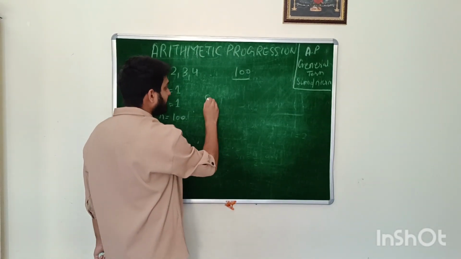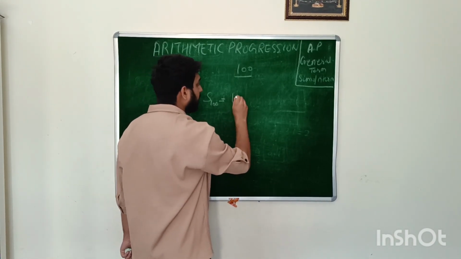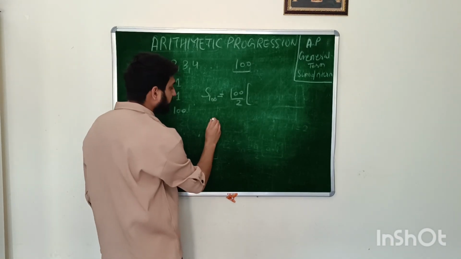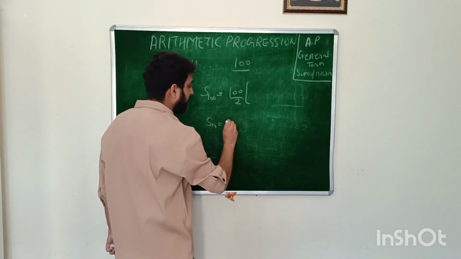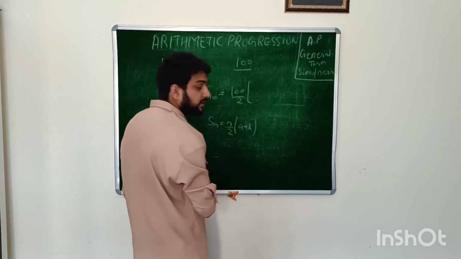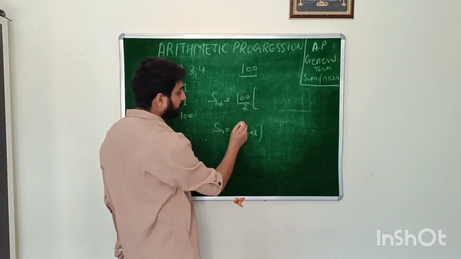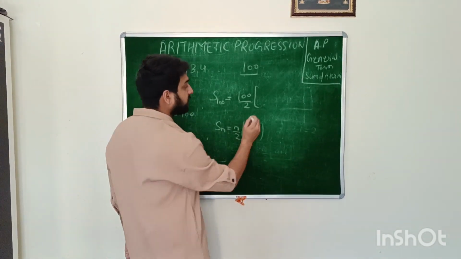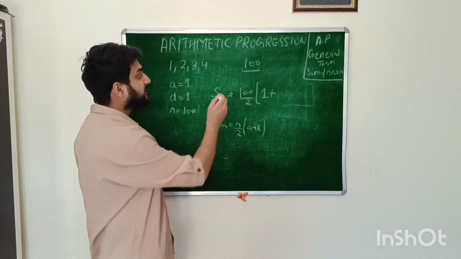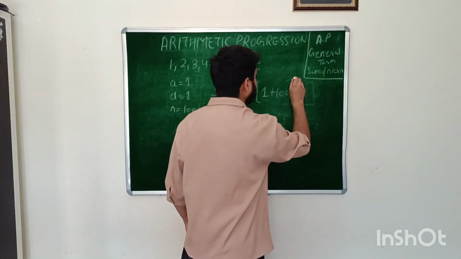So S100 is equal to 100 upon 2 into, what is the formula of the sum? It is Sn is equal to n by 2 into (a plus L). So we are putting n is 100 here, 100 upon 2 by this formula, and a is our 1 here, plus what is the value of L here? The last term is 100, so it is 100.